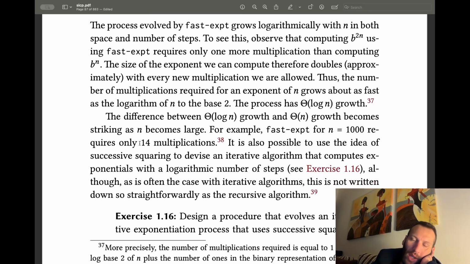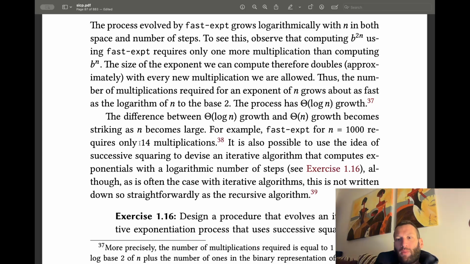The difference between logarithmic growth and linear growth becomes striking as n becomes large. For example, fast exp for n equal 1000 requires only 14 multiplications.